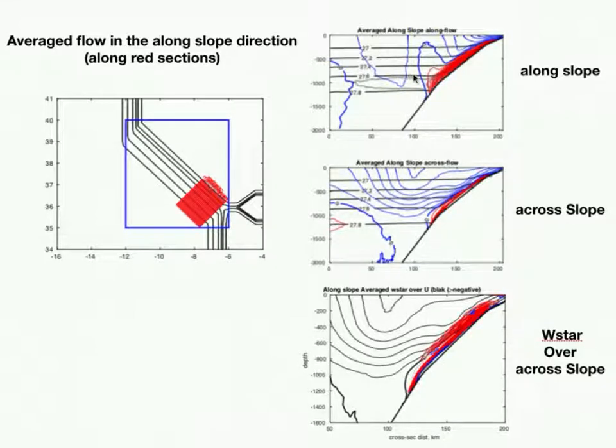We still see little recirculation here, but there is some already. We have inflow close to the coast, and then some recirculation at several levels. We clearly see some overturning, a downwelling type flow over the slope.